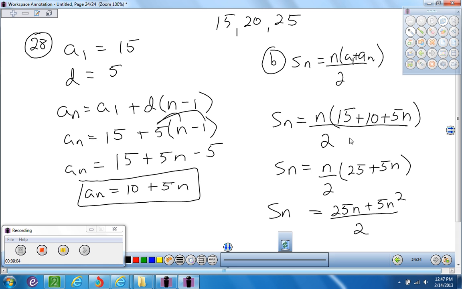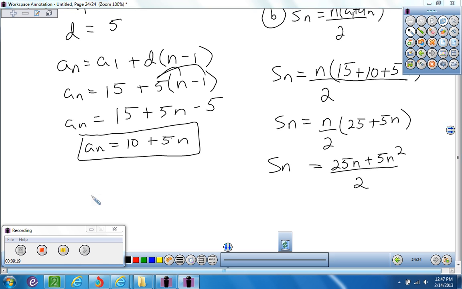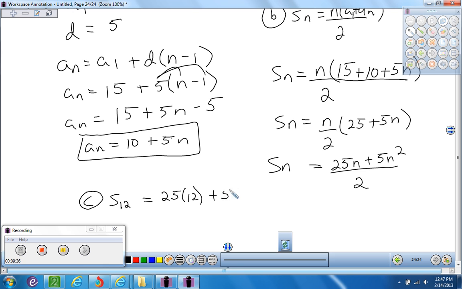Alright, so let's look at C. They're wanting us to come up with a total. It says what's the total after 12 months of the first year of production, so that's 12 months. So what we're going to do is S sub 12. After 12 months, how many guitars has he made? Well, we'll replace the n's with 12s in the function we just came up with here.